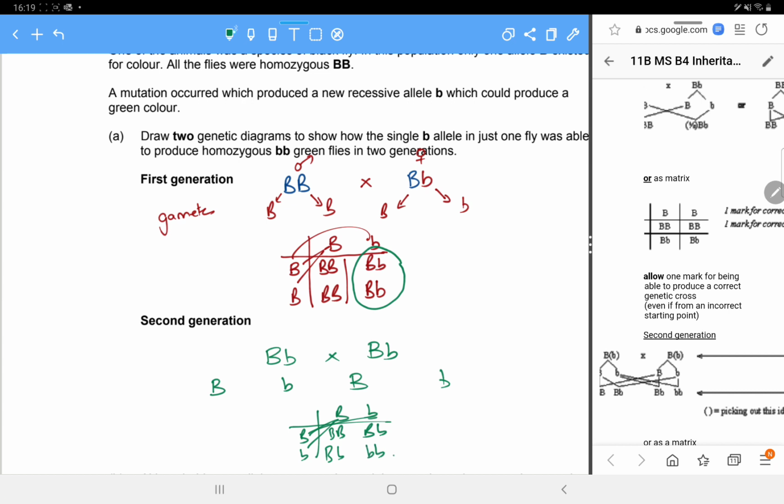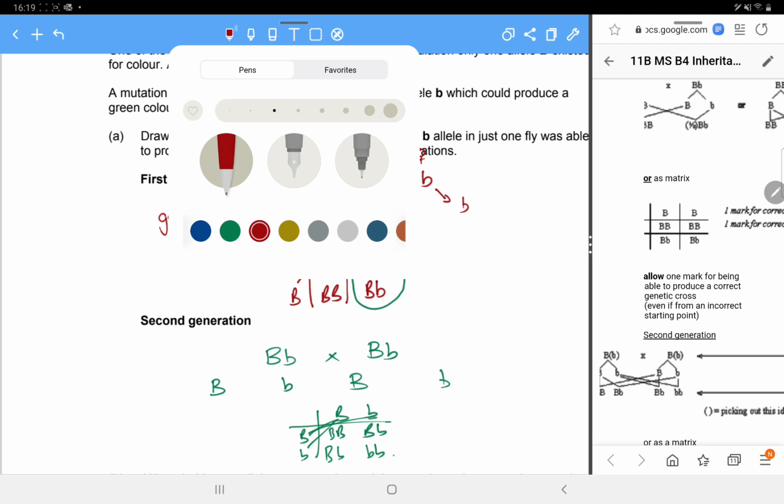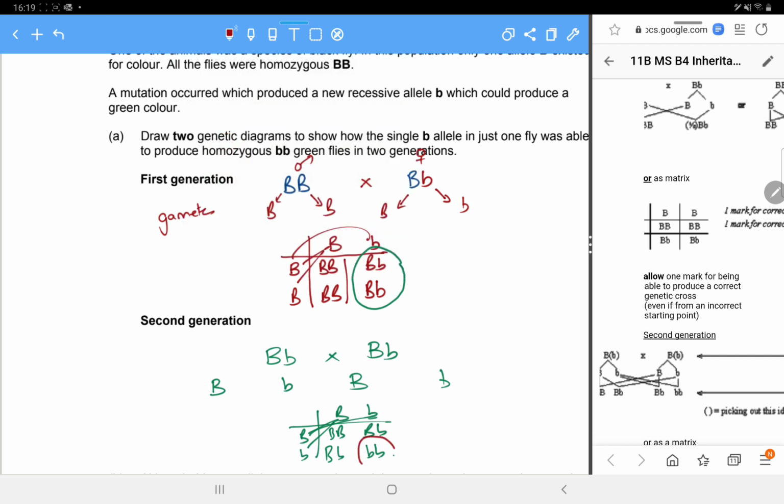Aha! There it is. There is the small b that would lead to a homozygous recessive, which equals green. These three, that's going to be black, that's going to be black, and that's going to be black.